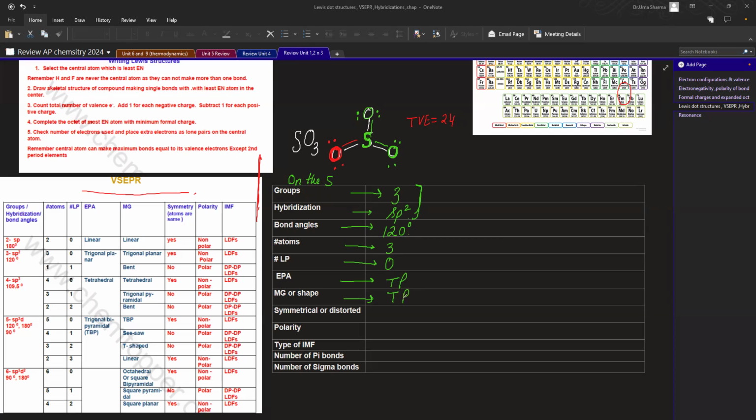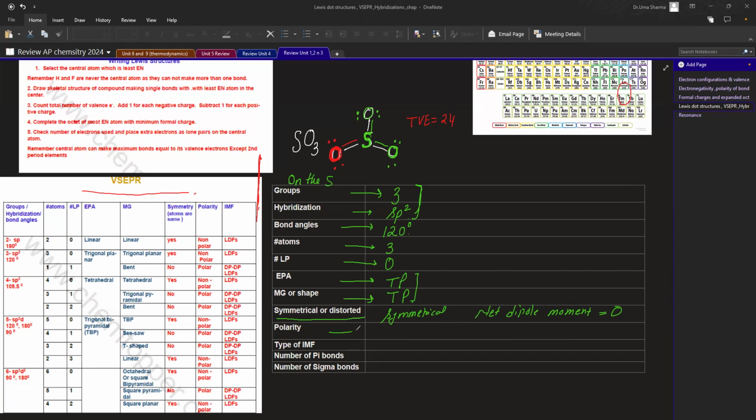You are getting it? Both the things are same. Is this molecule symmetrical or distorted? What do you think? It is symmetrical. If the molecule is symmetrical, what about the dipole moment? Net dipole moment is? For a symmetrical molecule, net dipole moment is 0.